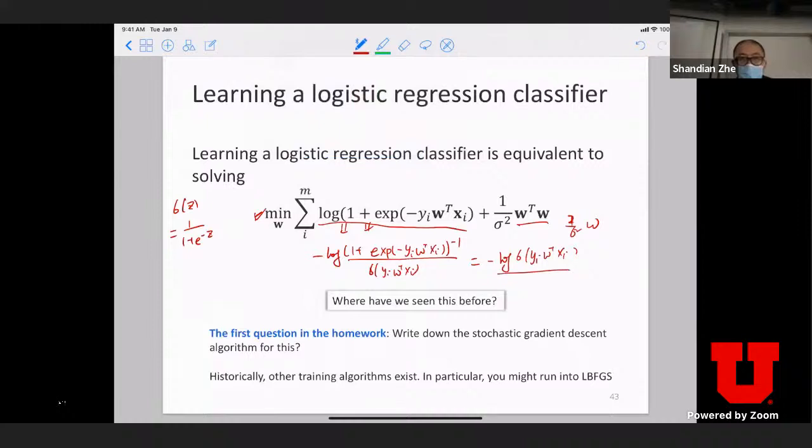Now, if you want to take the derivative of this, let us see how the trick goes. Apply the chain rule: it will be minus 1 over sigmoid, which is just how you take the derivative of the log function. And now you take the derivative of sigmoid. What's that?